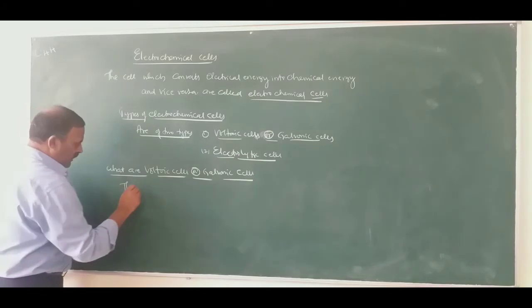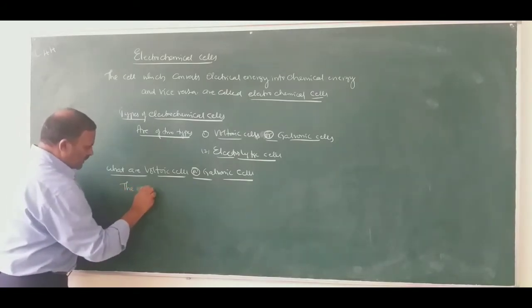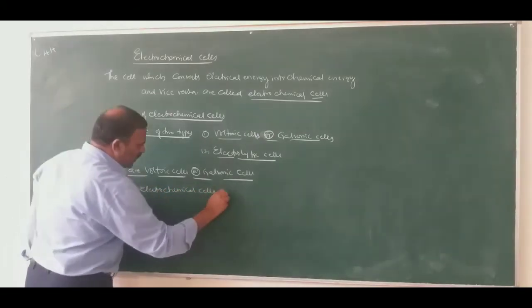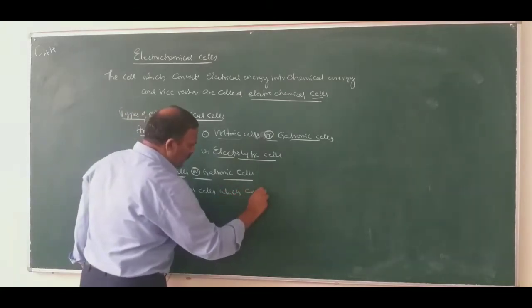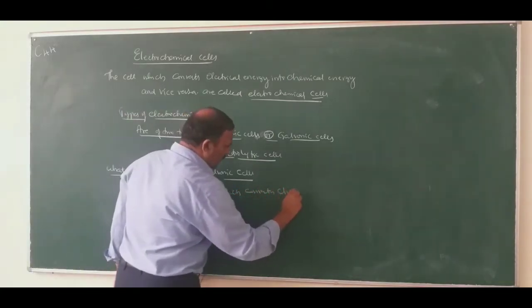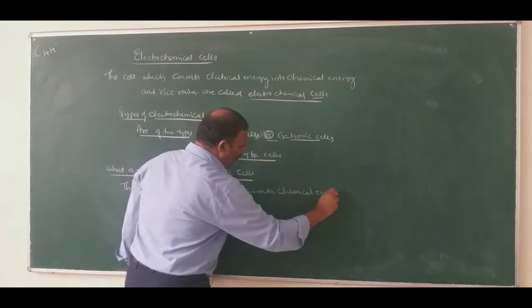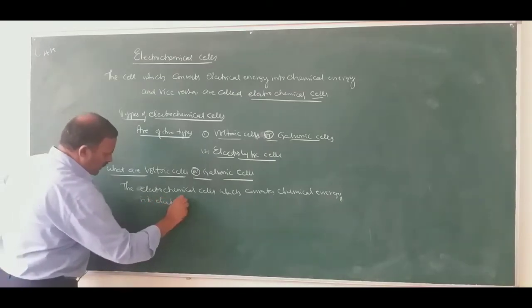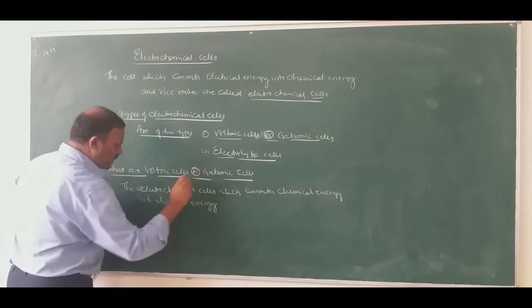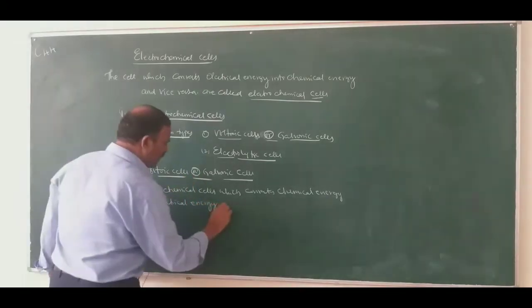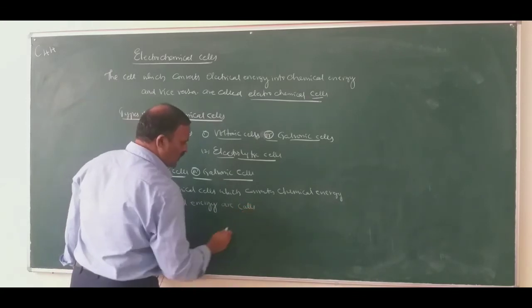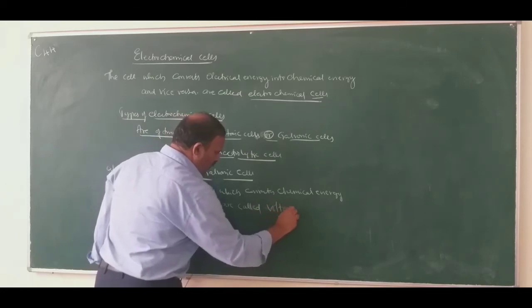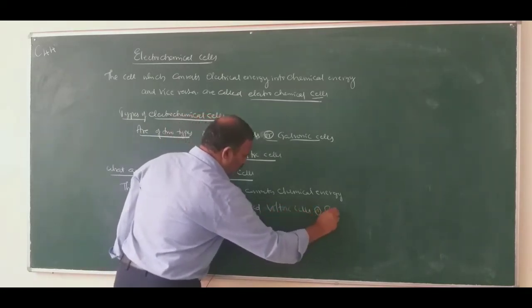So the electrochemical cells which convert chemical energy into electrical energy are called voltaic cells or galvanic cells.